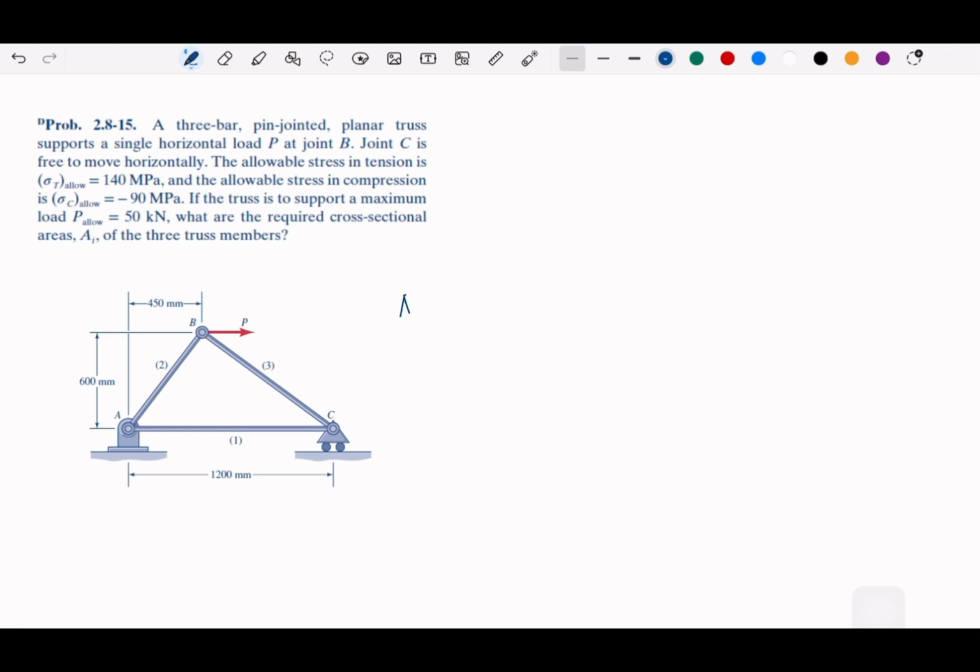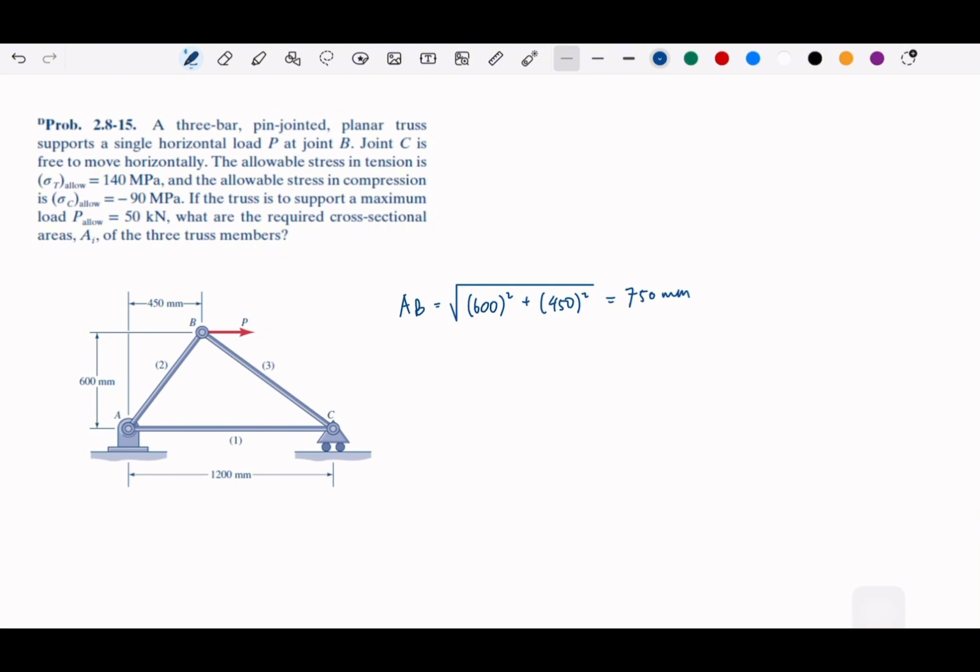So AB, we get from 600 and 450. This is 700, right?